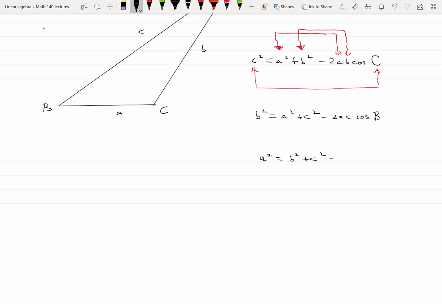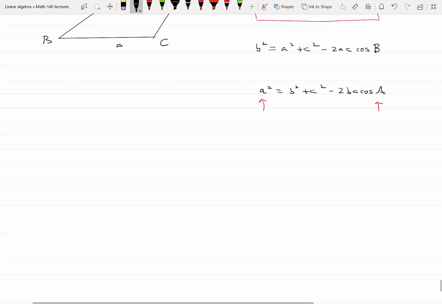A squared then equals b squared plus c squared minus 2bc times the cosine of what? We started out with small a, so we finish with capital A. Okay, so the pattern is very, very simple to remember.